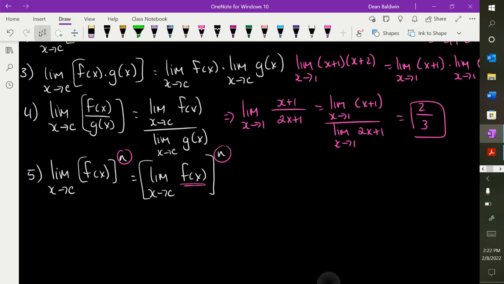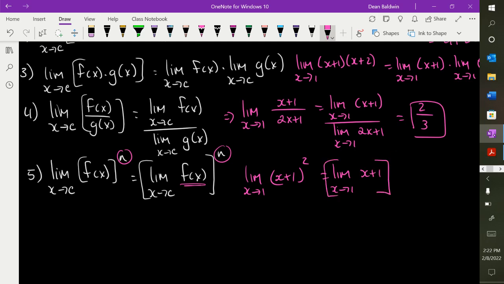So if I have the limit as x goes to 1 of x plus 1 all squared, I can rewrite that as the limit as x goes to 1 of just x plus 1, and the whole thing is squared, which is going to give me 4.